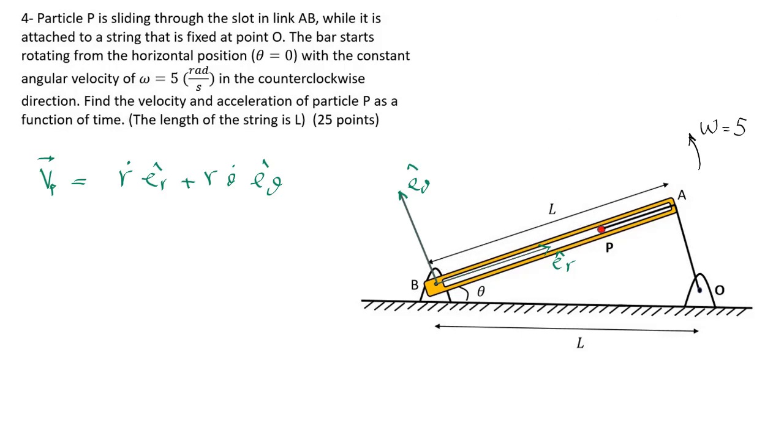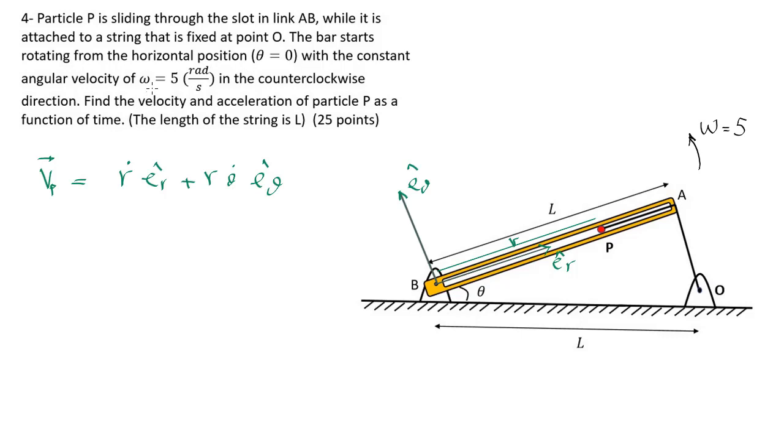So if I can just draw another straight line here, this is going to be r. We have to find this r based on the geometry that we have, based on L and theta. And once we have r, we can just write down r dot ER, r theta dot E theta.